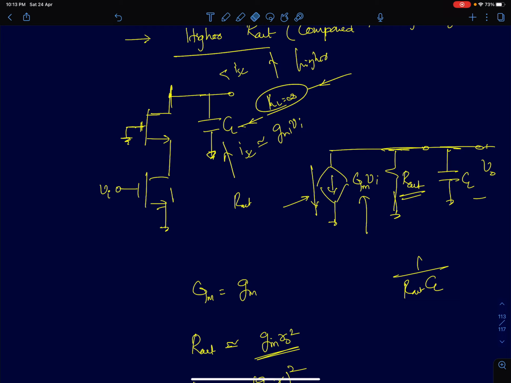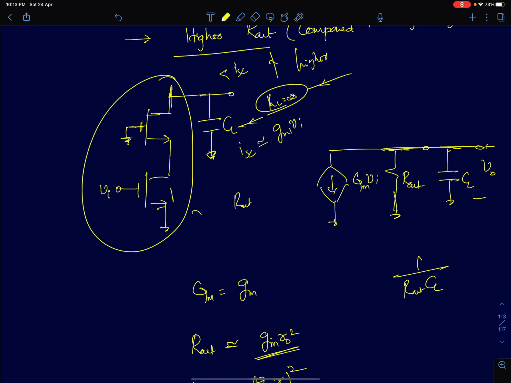Now we will try to compare this with a conventional common source amplifier. When we analyzed the cascode amplifier at low frequency, we said this cascode amplifier can be represented as a short circuit transconductance Gm times output resistance Rout. And the short circuit transconductance Gm is the Gm of this device. So you measure it by short circuiting the output node and applying an input, so you have a current gm1 vi flowing here.